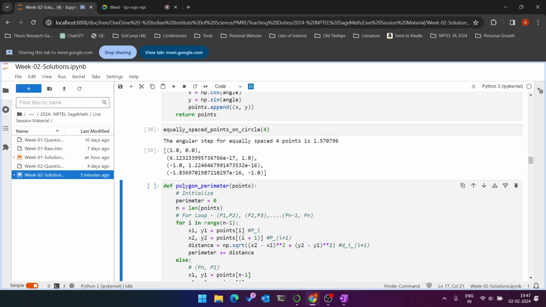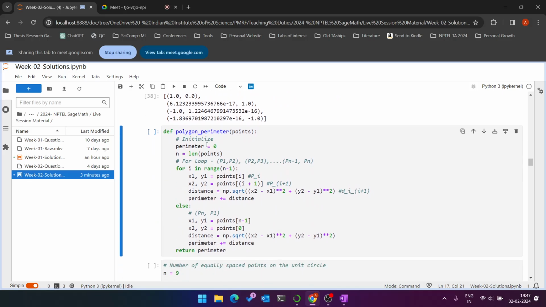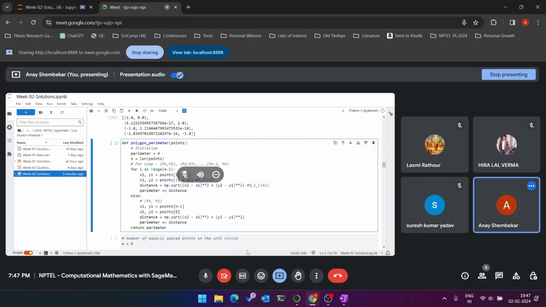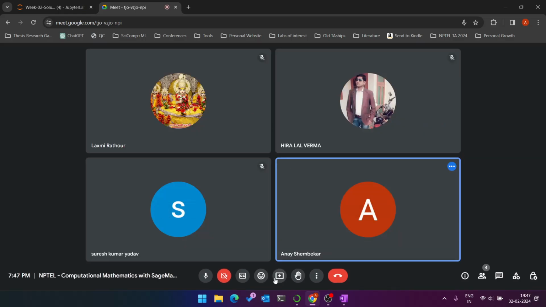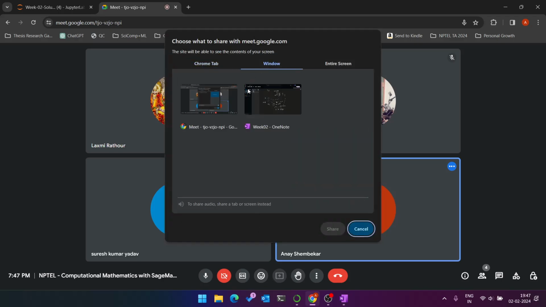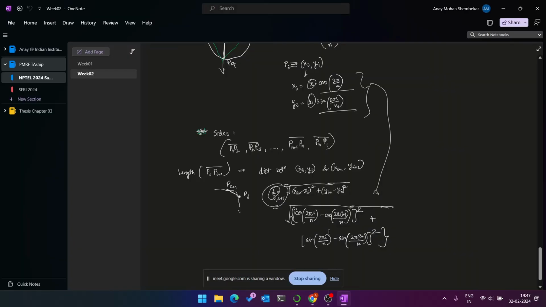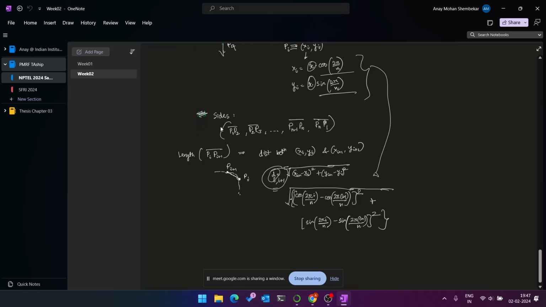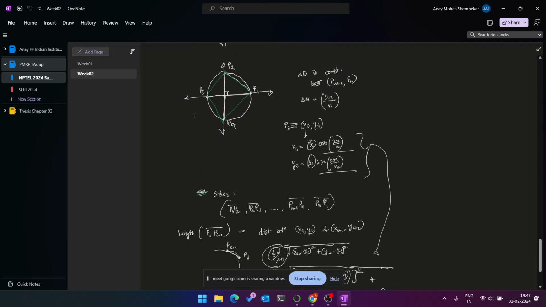Then we looked at the polygon perimeter function, which is as follows. So again, I'll go back to the notebook quickly. You can see here that the sides, as I mentioned, are P1, P2, P2, P3, Pn minus 1, Pn, and the last side is basically this Pn to P1.